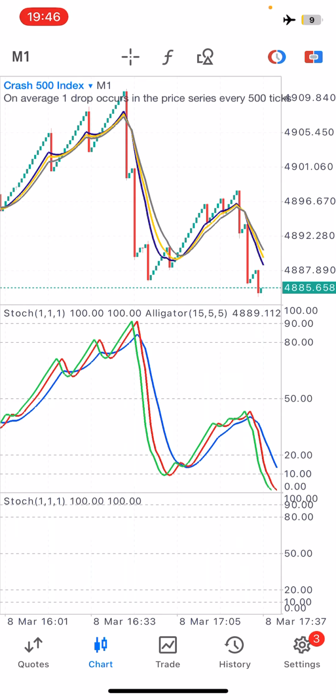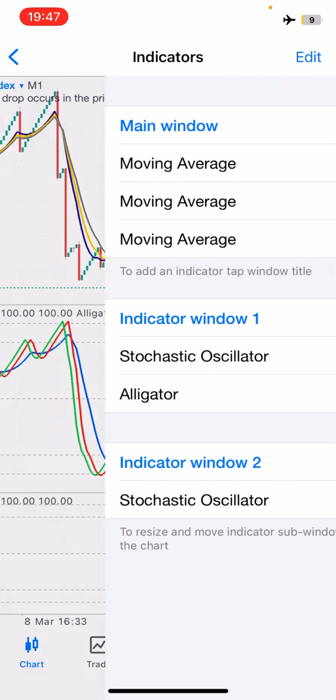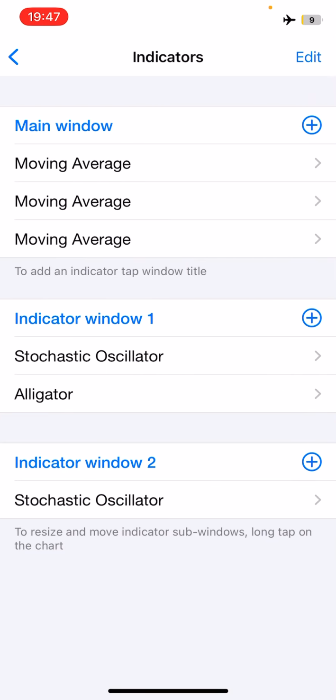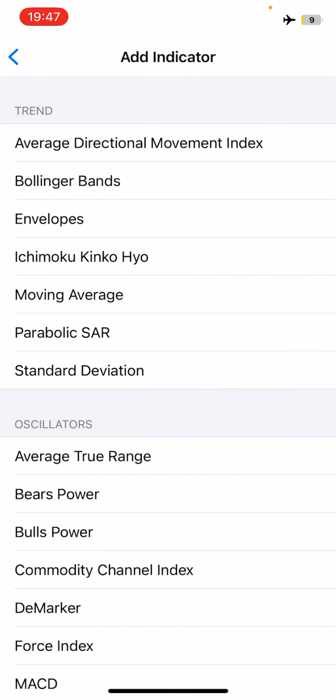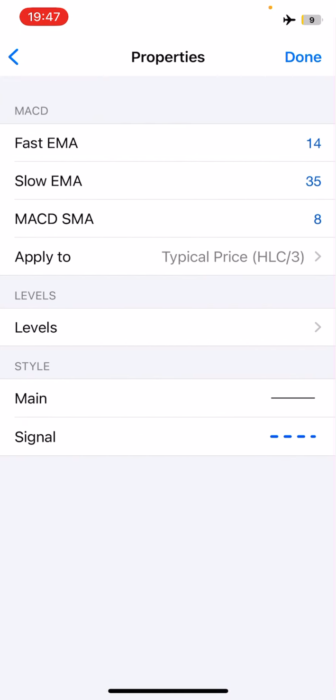Okay, and now we need to add 2 more indicators, and then we are done. Okay, so going back to indicators, this time we want to add a MACD under our indicator window 2. So we'll click on indicator window 2, then look for the MACD, which is right here, and it is going to have the following properties. Our fast EMA is going to be 14.